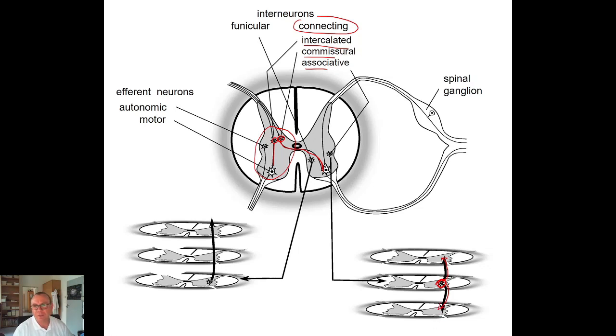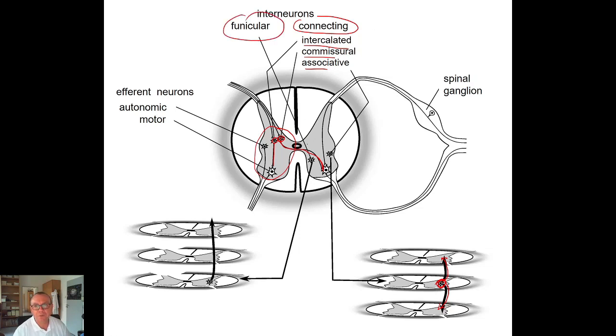It usually doesn't leave gray matter. It is still in the gray matter and connects some afferent endings with the motor neurons in the neighboring segments of the spinal cord. So these were three connecting interneurons.